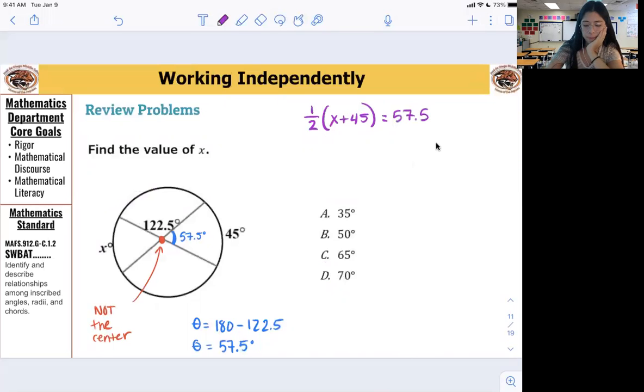I can distribute. So 1/2 x plus, what's 45 divided by 2? 22.5. Equals 57.5. Then I just take away 22.5 from both sides.